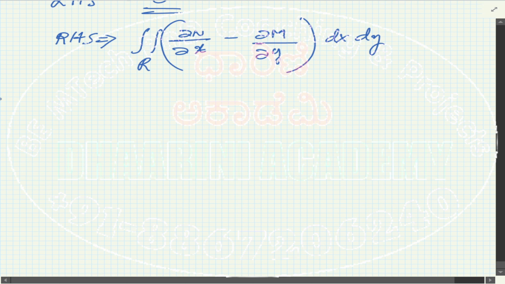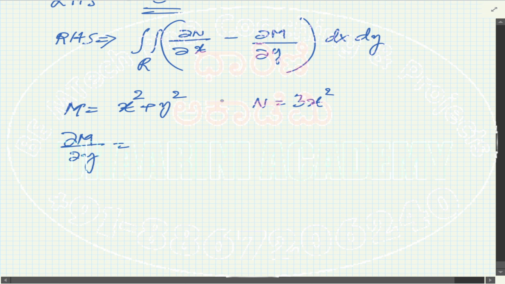So for the given function, m was equal to x square plus y square, right, and n was 3 into x square y. So dou m by dou y is equal to 2y, differentiating m with respect to y, and dou n by dou x is 6xy.